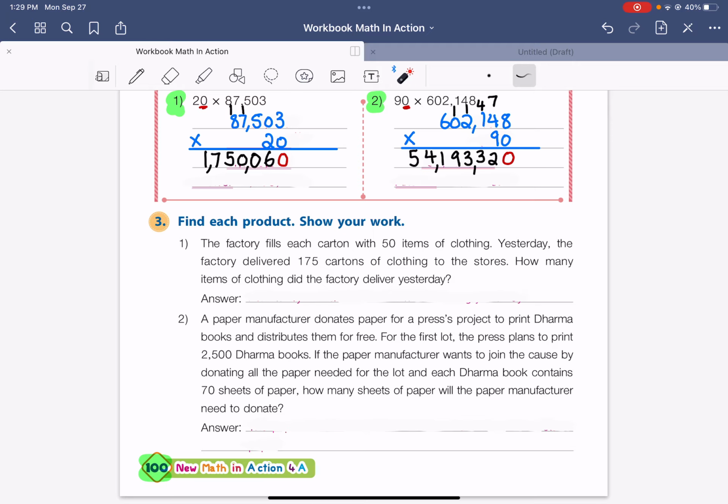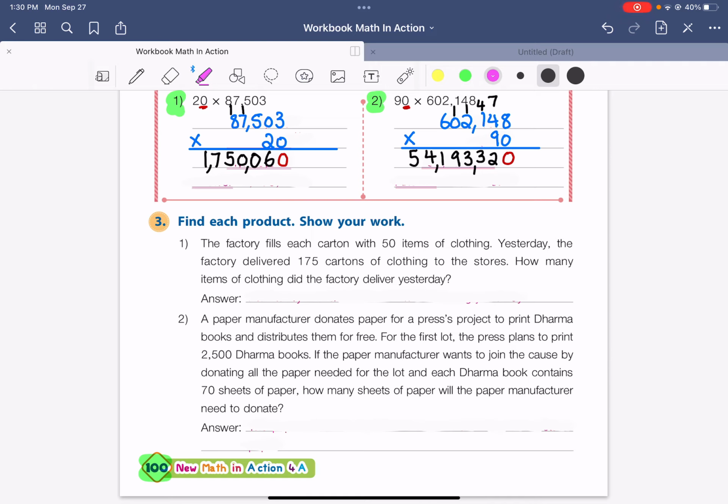The factory fills each carton with 50 items of clothing. Yesterday, the factory delivered 175 cartons of clothing to the stores. How many items of clothing did the factory deliver yesterday?